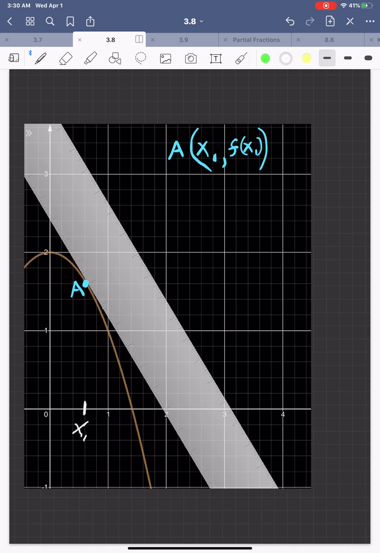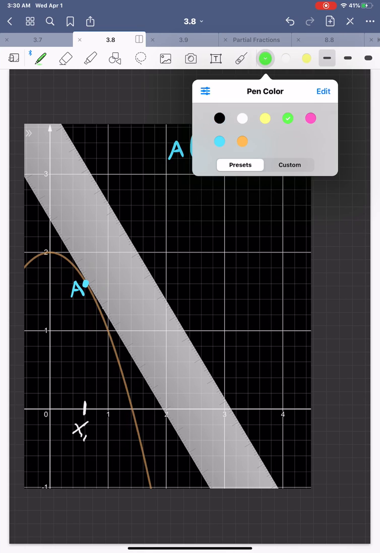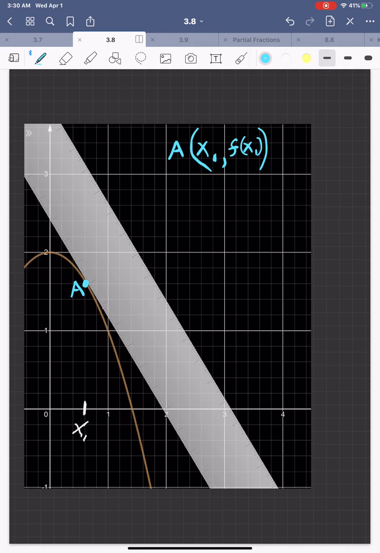So give me just a second here. The idea consists of the following. Can you and I agree that the x-intercept is here? That's the 0.